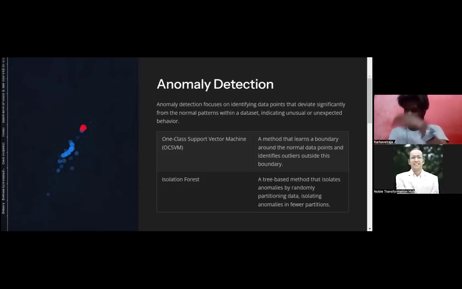Within the boundary, it would be normal data, which is good. Isolation forest is a tree-based method that isolates anomalies by randomly partitioning data, isolating anomalies in fewer partitions. This is how anomaly detection is done.